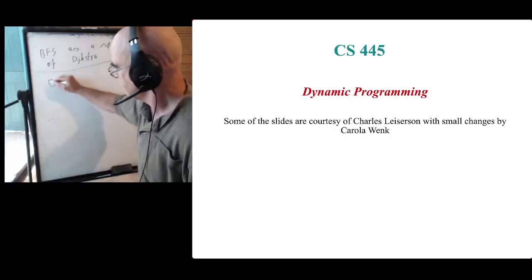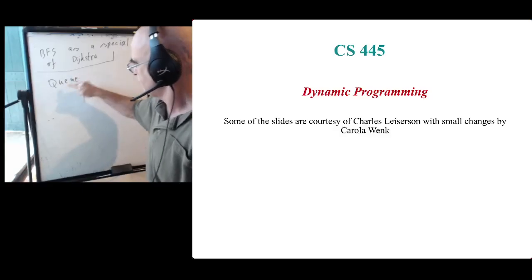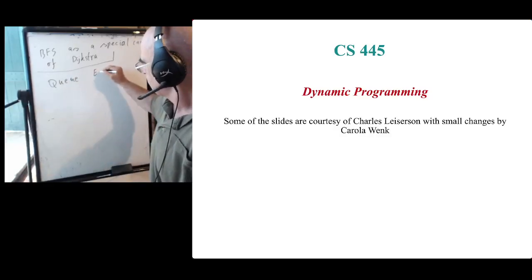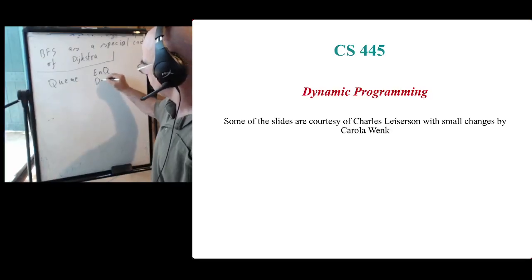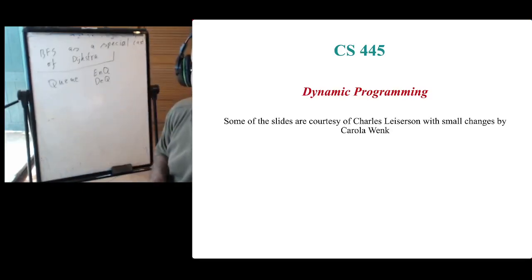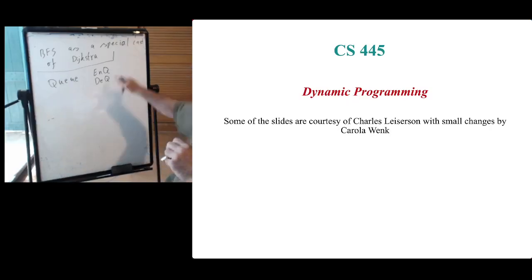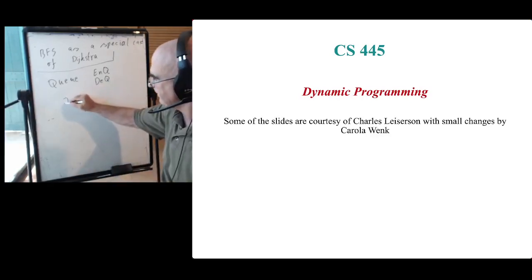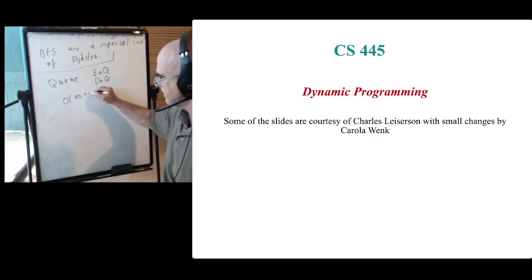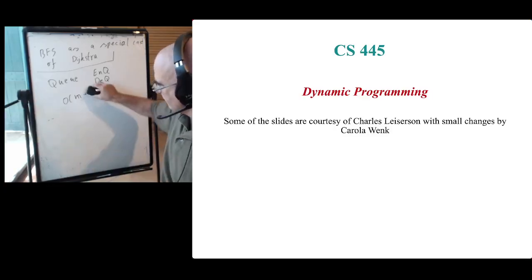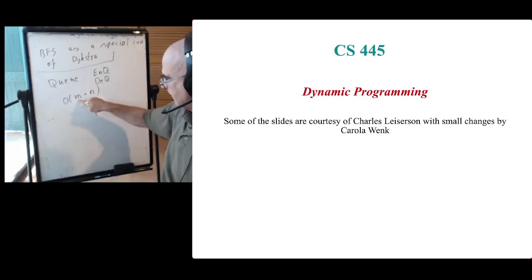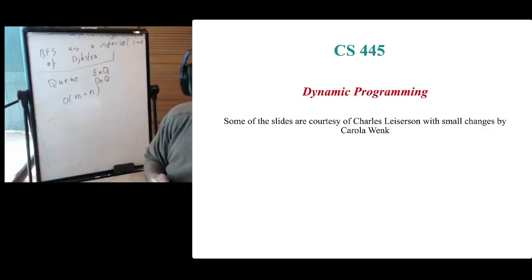I can use just a queue, store all the vertices in a queue, and perform the operations enqueue or dequeue, removing a vertex from the top of the queue and inserting a vertex at the tail of the queue. Each operation costs constant time, and the running time of the whole BFS is order of n plus m, which is optimal because that's the time it costs to read the graph.